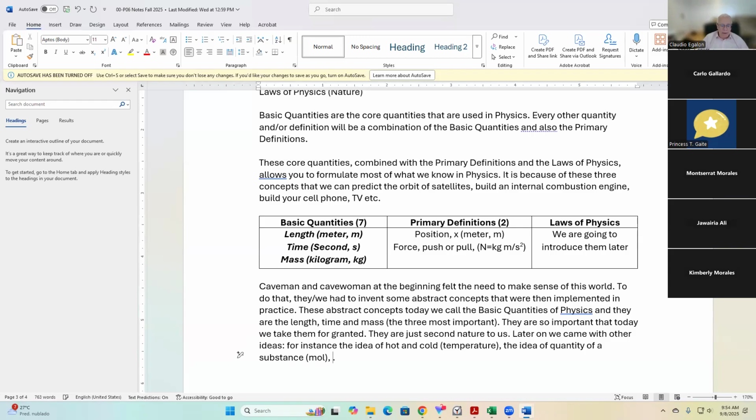And electric charge, the idea of electric charge as well, which is measured in terms of the Coulomb. Those are the other 4. And finally, luminous intensity, which is measured in terms of the candela. Candela comes from the word candle.